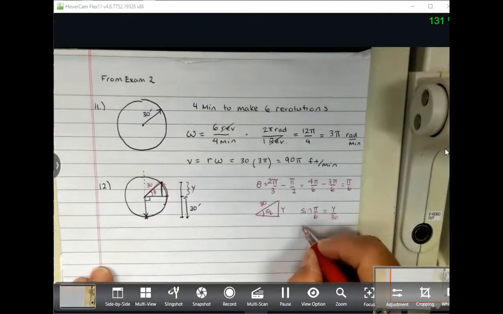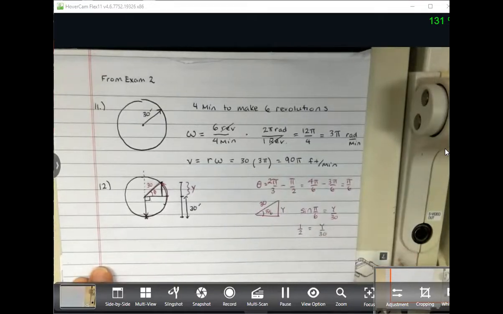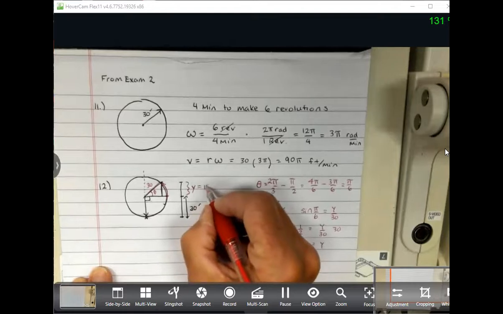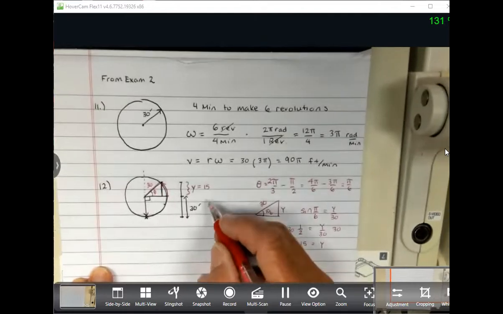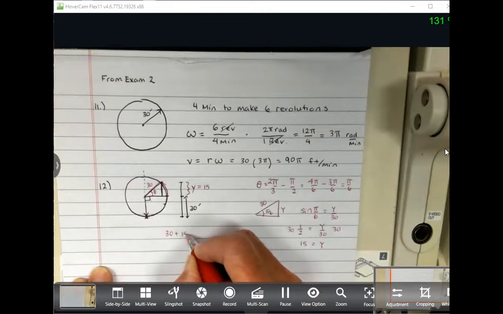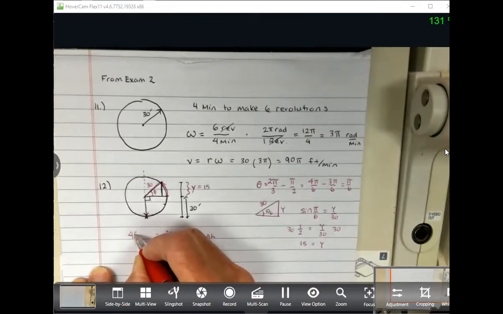So this number on the left is 1/2. Now I'm going to solve for y by multiplying both sides by 30. So y is going to be 15. That means at that stopping point, this person is going to be 30 plus 15 feet high, 45 feet.